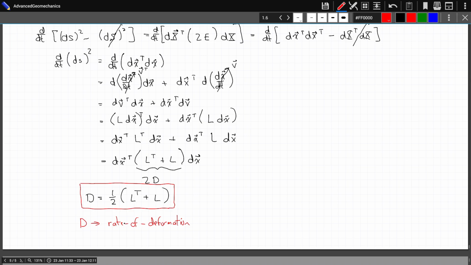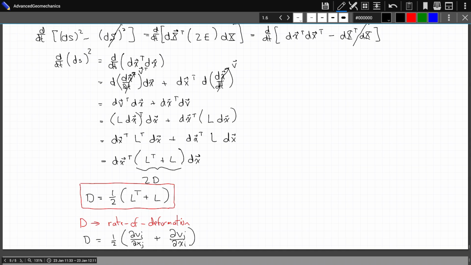If we wrote it down in component form, it's 1/2, and remember, L is partial v partial X, so it's partial vi partial Xj plus partial vj partial Xi.